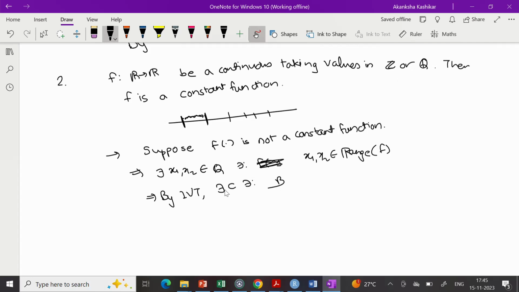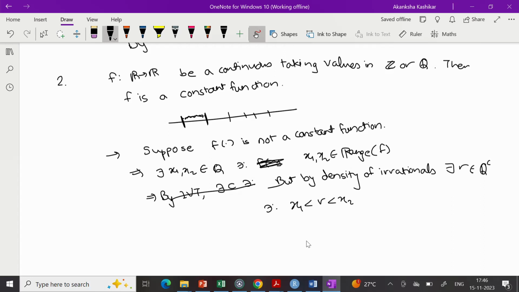But by density of irrationals, there exists a point r belonging to Q complement such that x1 is less than r is less than x2, because x1, x2 are anyway rationals.